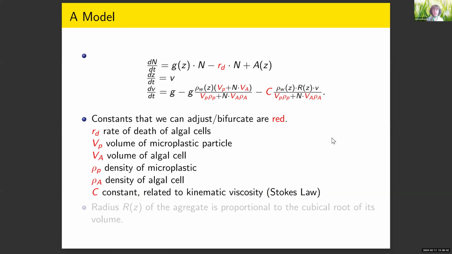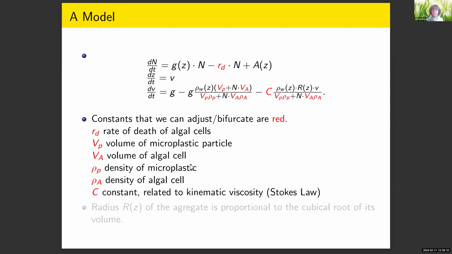So the constants that we can perturb, there is a wide range of constants, so we can work with them. I write them in red. So the rate of death is constant, as I said. The volume of the plastic particle is another constant.